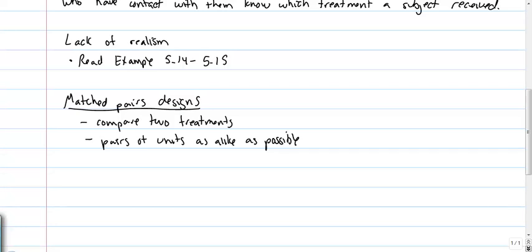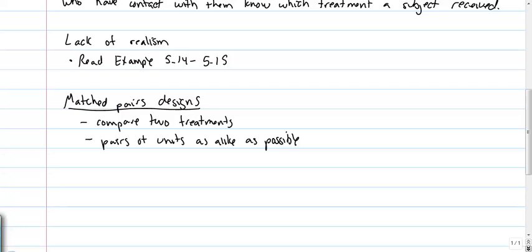Because the idea is we have a pair in our matched pairs design, we have a pair of subjects that are as alike as possible. We're going to give one of them one of the treatments and the other one the other treatment. And these subjects are supposed to be so alike that the only difference between them is the treatment that they're receiving.